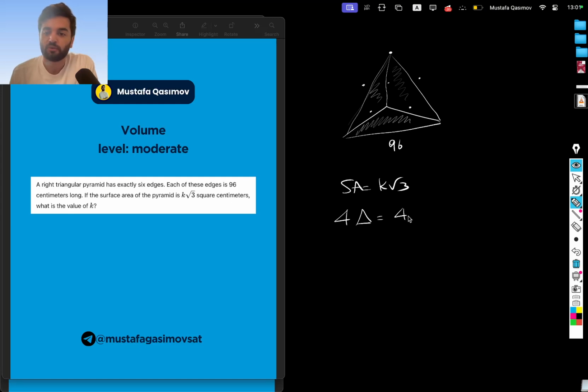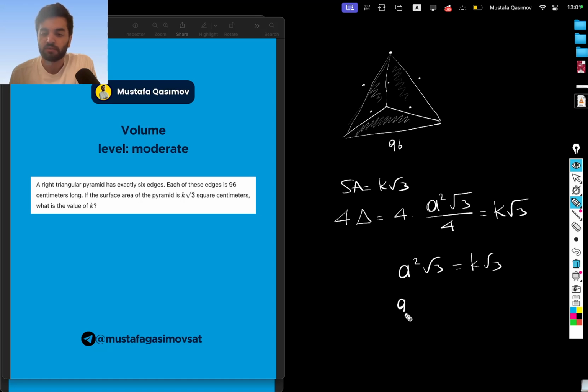So we can use this formula now: a squared square root of 3 over 4. It's equal to k square root of 3. Then we can write it like that. A squared square root of 3 is equal to k square root of 3. Then we can write 96 squared is equal to k, and it is our answer.